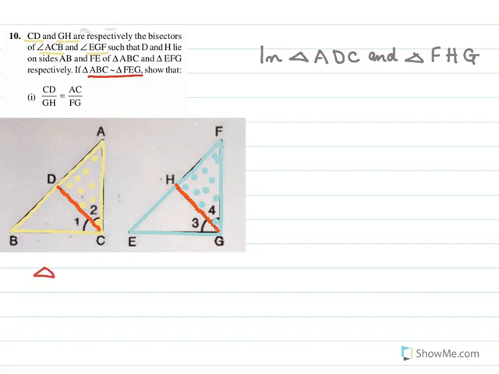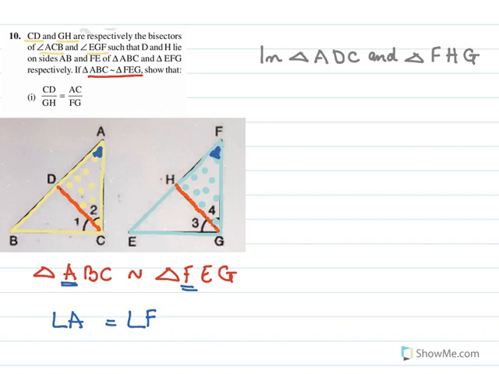Now it's given to us that ABC is similar to EFG. Let's write that out. I have triangle ABC similar to triangle FEG. This is given, which means now that angle A equal to angle F. I'm going to go ahead and mark it in my figure. So this is angle A and it's equal to angle F because the triangles are given similar.